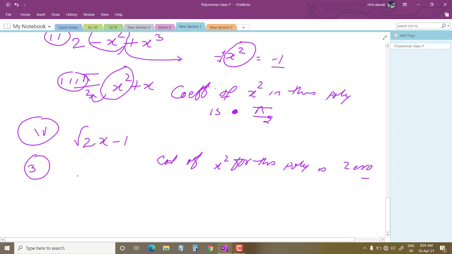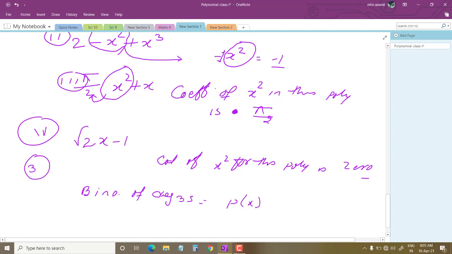Now we have to write one example of a binomial of degree 35. We will take a polynomial in terms of x.